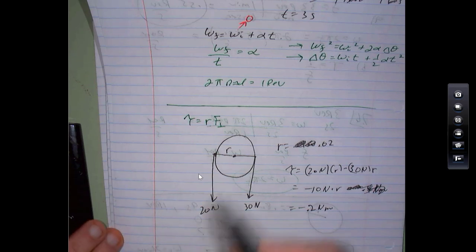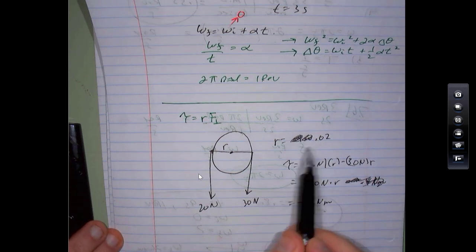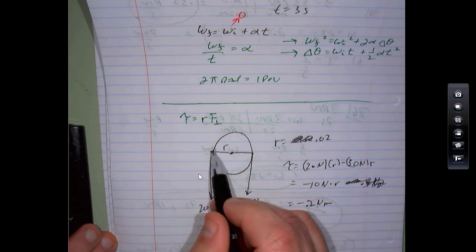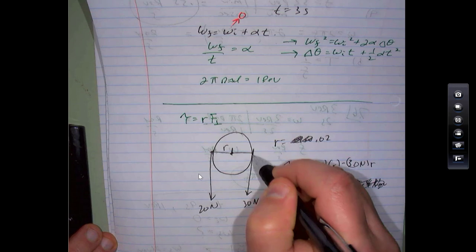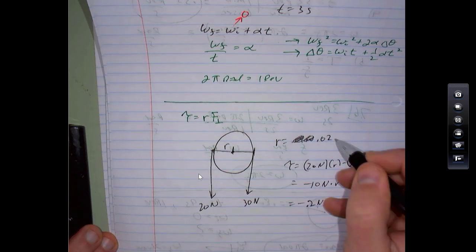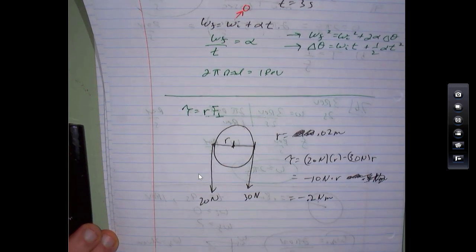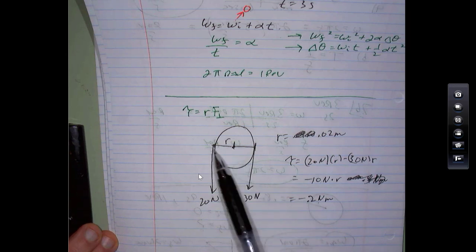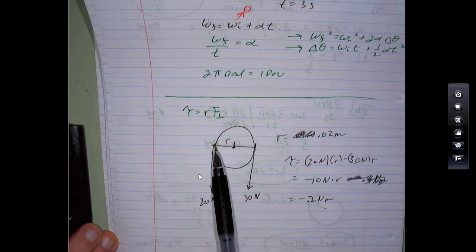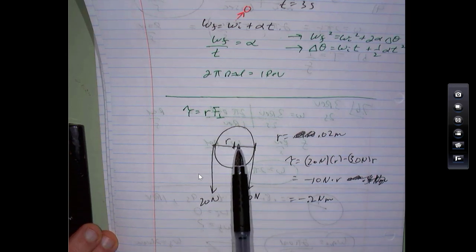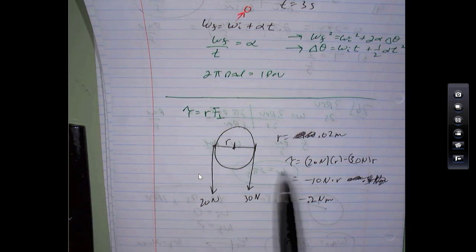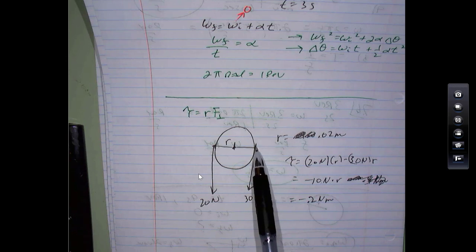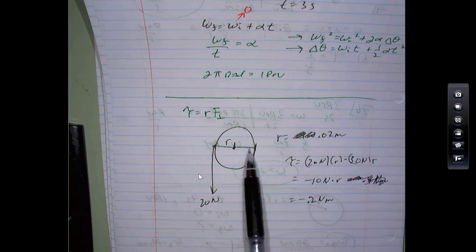Okay, so if you look closely at the picture, the radius is actually 2 centimeters because they're giving you the diameter, which is 4 centimeters. So the radius here is 0.02 meters. We've got 20 newtons here, and here's the distance to the pivot point, 0.02 meters. That would make it rotate counterclockwise, the positive direction. And over here, 30 newtons, and here's the perpendicular distance, also 0.02 meters.